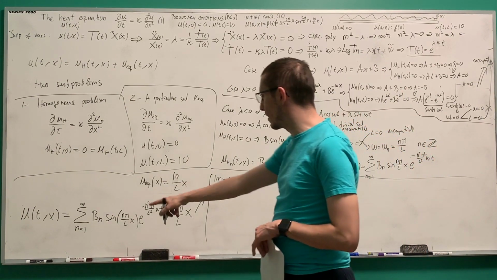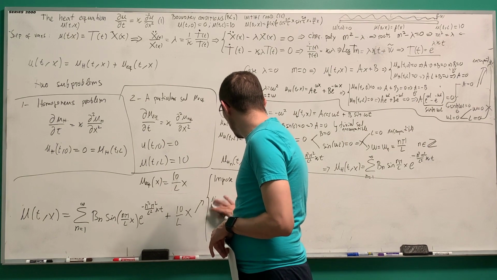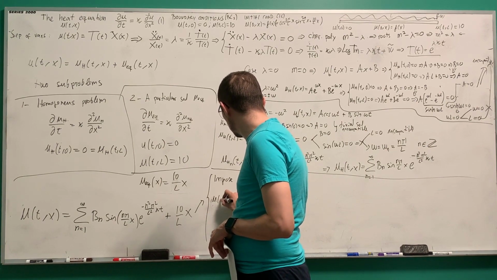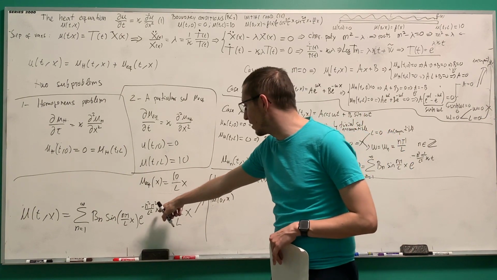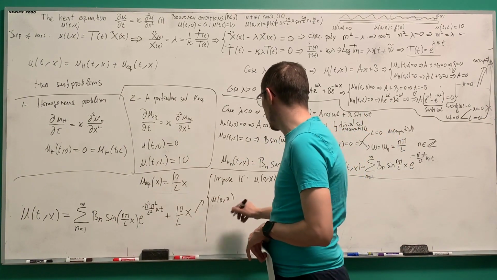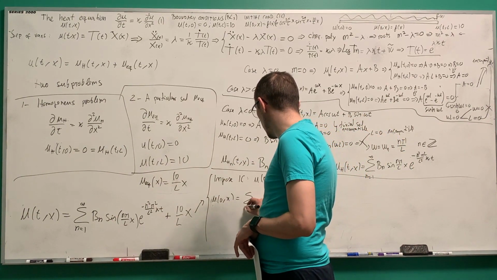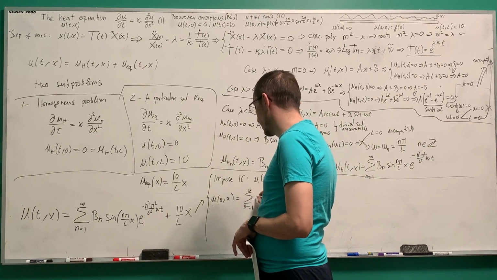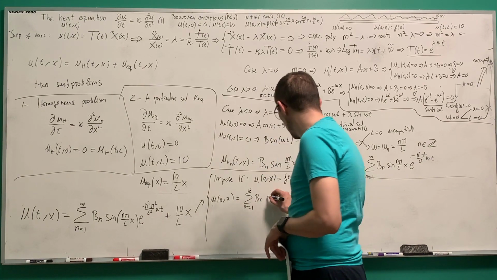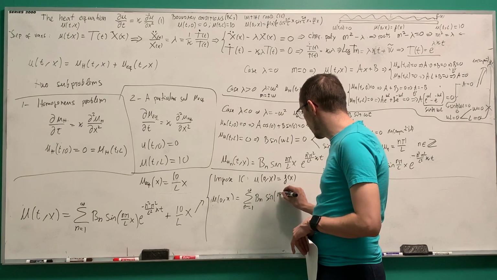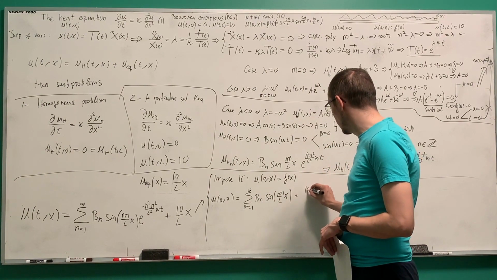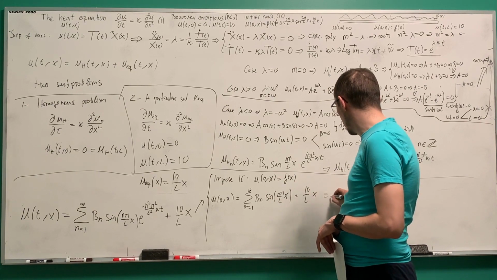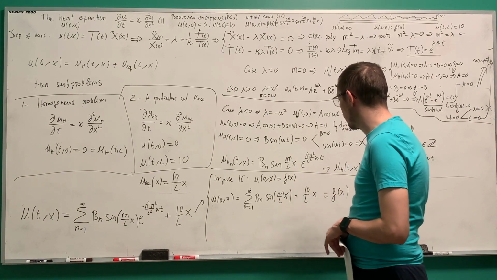That means that on the one hand, I write u of 0, x, which is substituting t by 0 here, which gives me a 1 in here, there's no other t's. That gives me the sum n equals 1 to infinity Bn sine n pi over L x plus 10 over L x equals f of x.